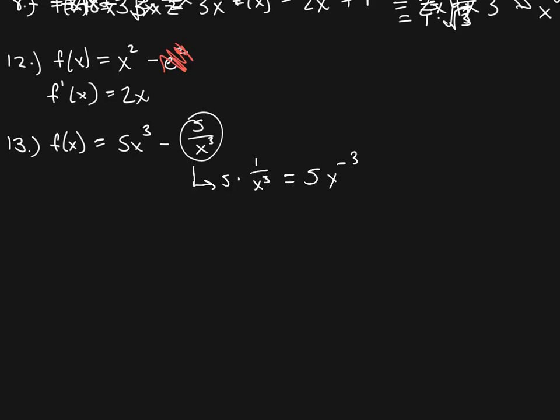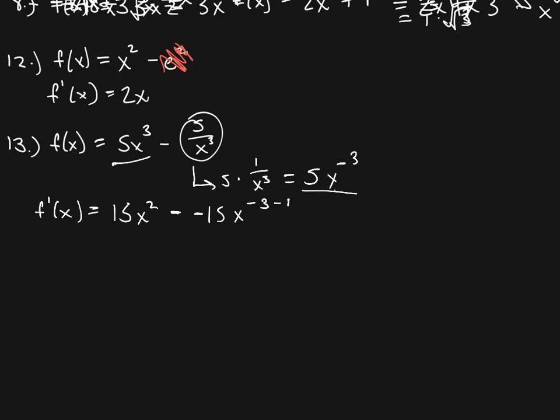So the derivative then, f prime of x, we're going to start by taking the derivative of this thing. Well, this is going to be 5 times 3, so that's 15x squared. Now we've got this minus sign, so we've got minus, and so now we're going to take the derivative of this term. So we've got negative 3 times 5, so that's negative 15x to the minus 3 minus 1 more now, because that's what the power rule says we've got to do.